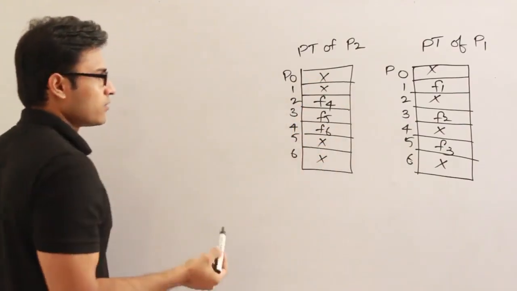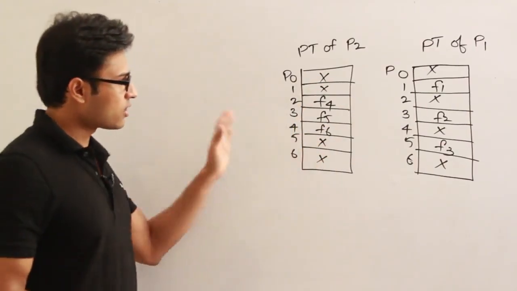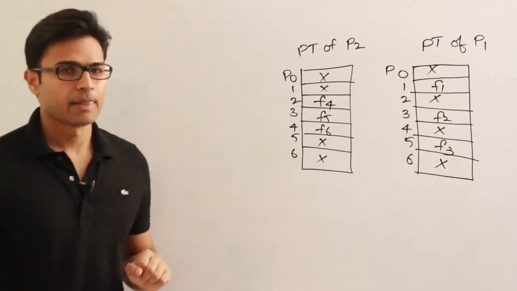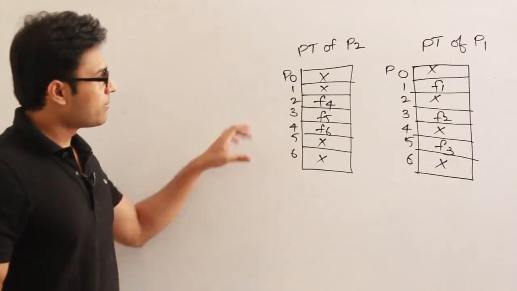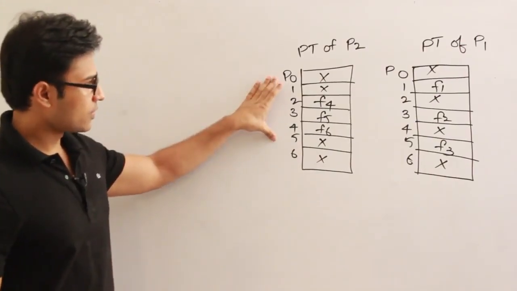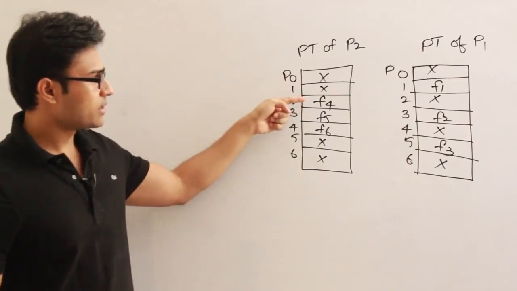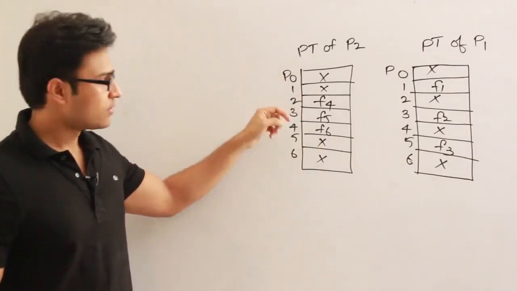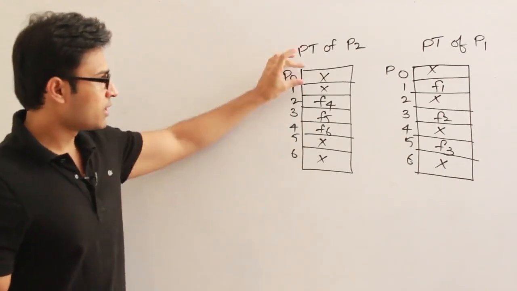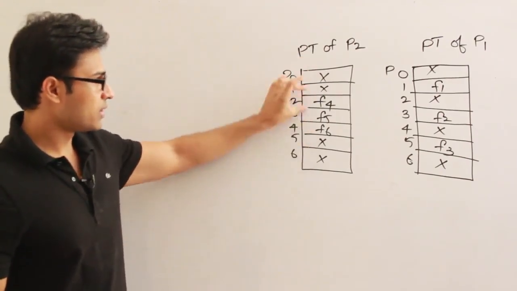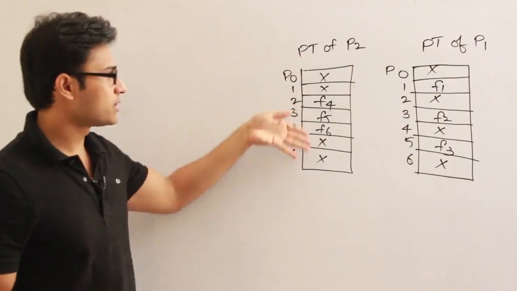Now at any time, if you observe like this, for all the processes which are present in your system, the page table will contain only the information for the pages which are present in the main memory, right? So if a page is not present in main memory, that information will never be present there. Even though you are dedicating this space, that is just a wastage.